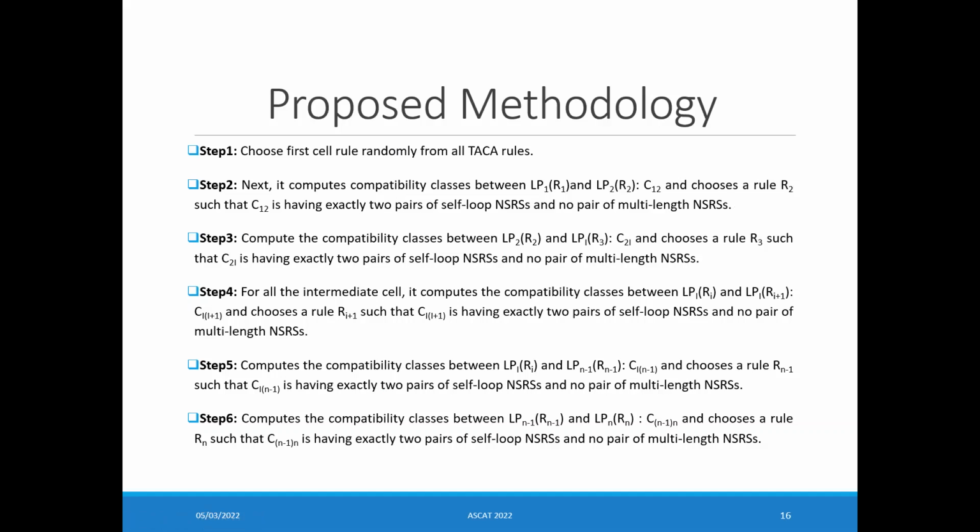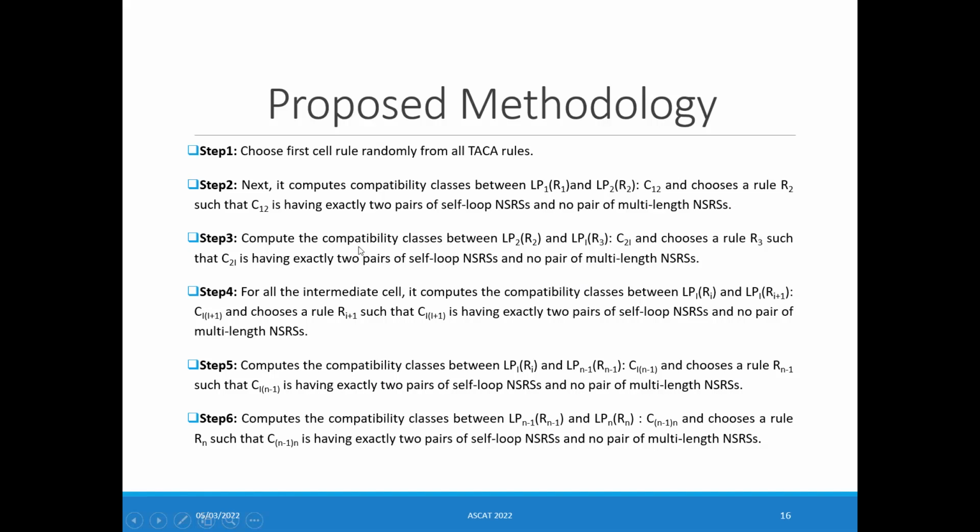For the identification of the second rule, we have to compute the compatibility class between LP1 of rule 1 and LP2 of R2, and choose R2 such that there will be exactly two pairs of self-loop NSRs, and there should not be any pair of multi-length NSRs. If this condition is true, we can choose that rule.